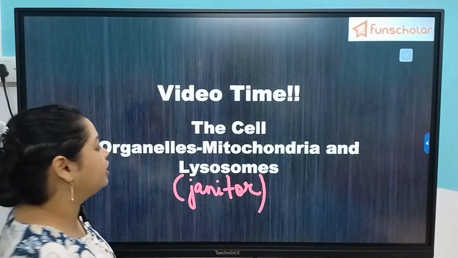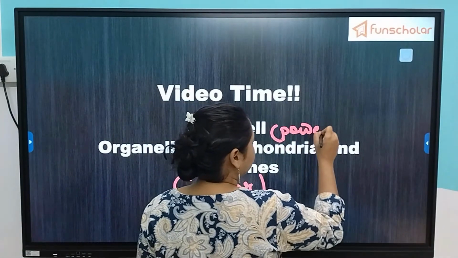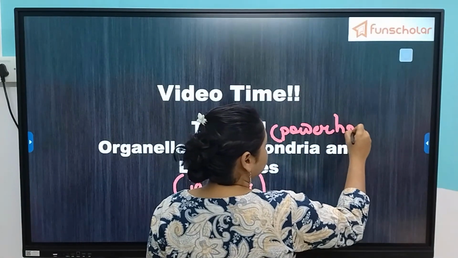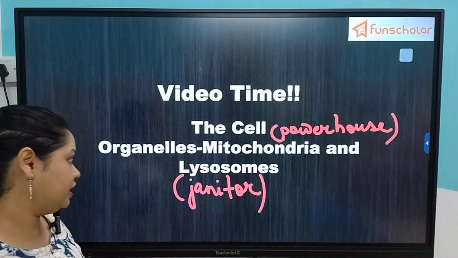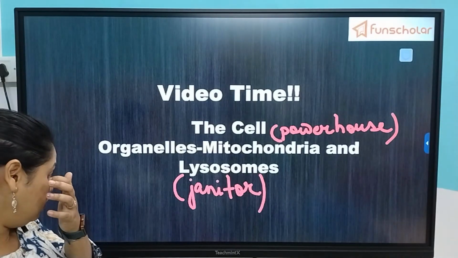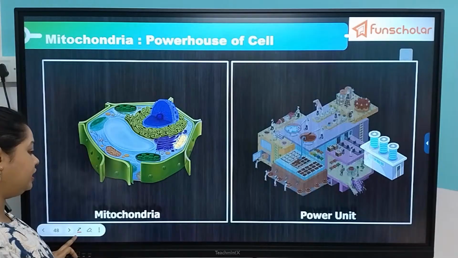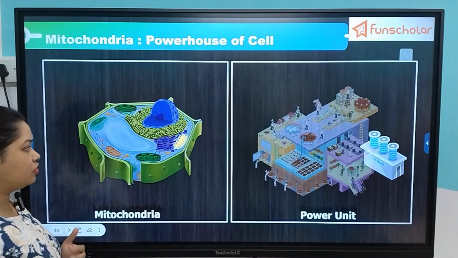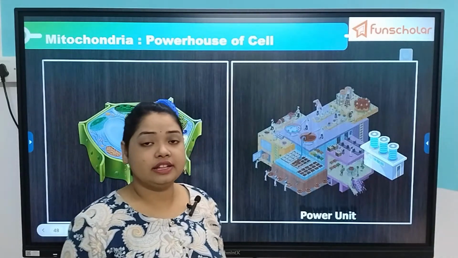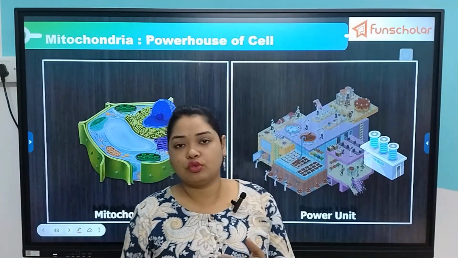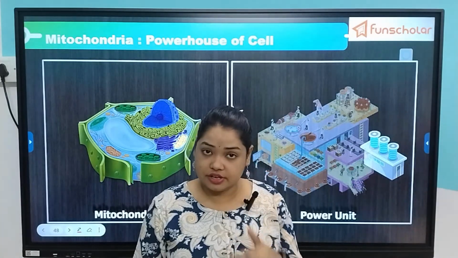And mitochondria is known as the powerhouse because it generates power in the form of ATP molecules, right? If we look into the structure of the mitochondria, you have got the idea that it has two membranes, the outer and the inner, which has folds to increase the surface area for ATP generation.